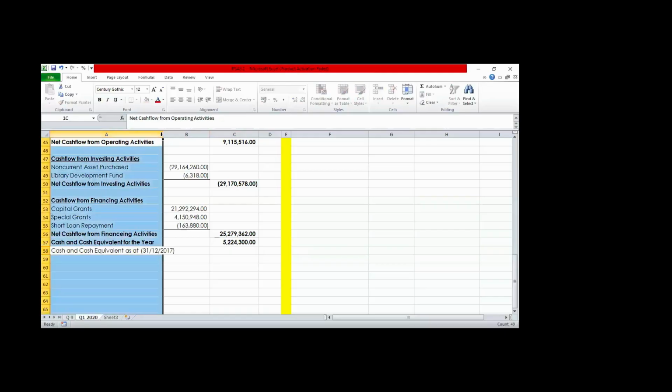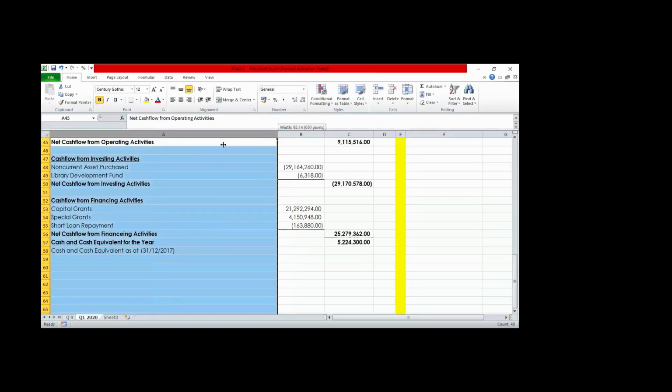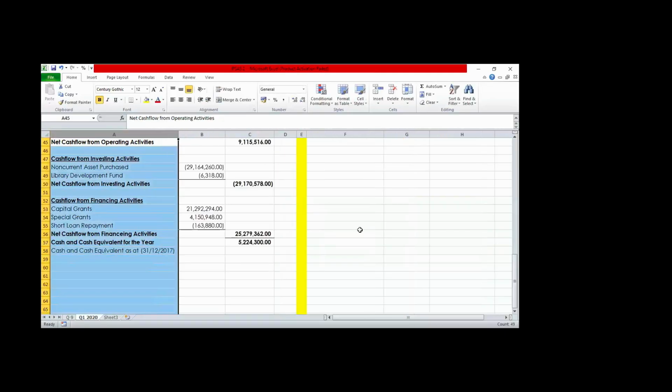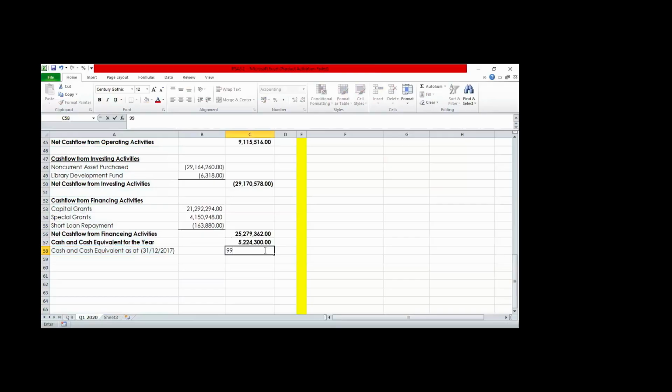How was the figure? 991,922. When we now add it together with this, we have this. Does it equal what we have in the other part? Yes, sir. That's how it's meant to go.